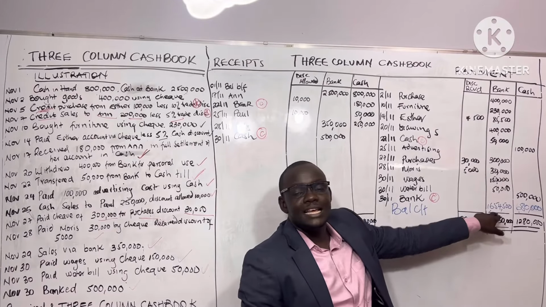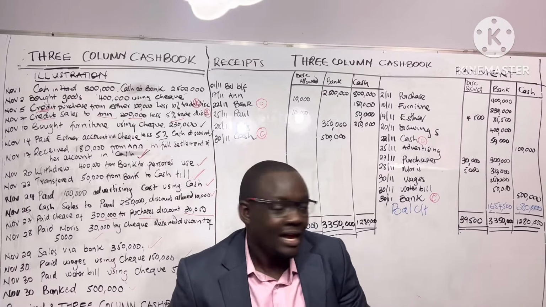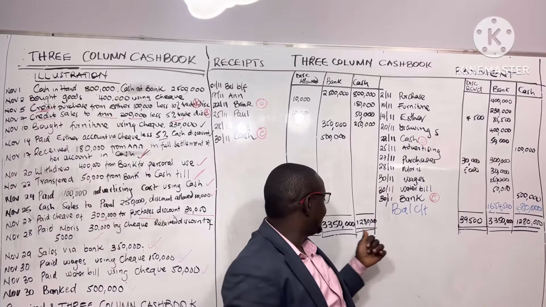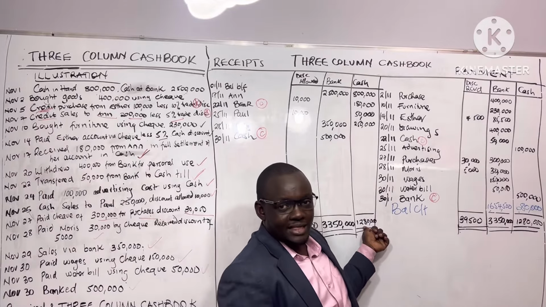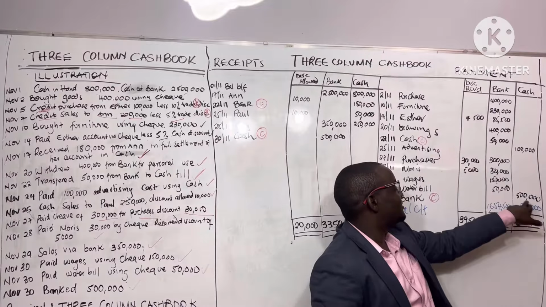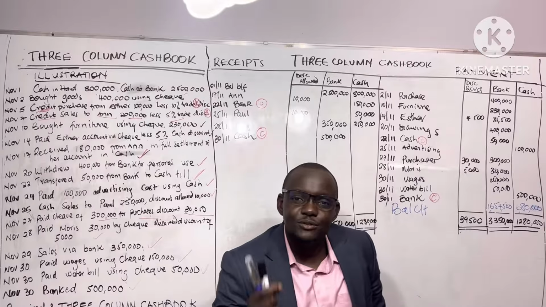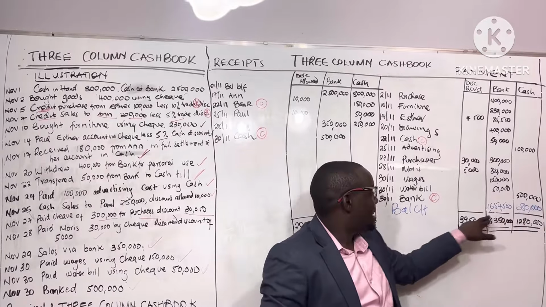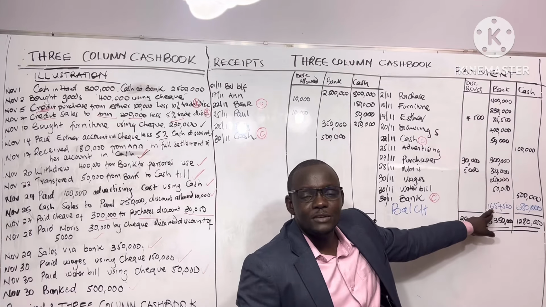The difference is the money you need to have in the bank. The cashier has received 1,280,000 and spent 100,500. The cashier is supposed to be remaining with 680,000. The bank statement is supposed to have this figure.